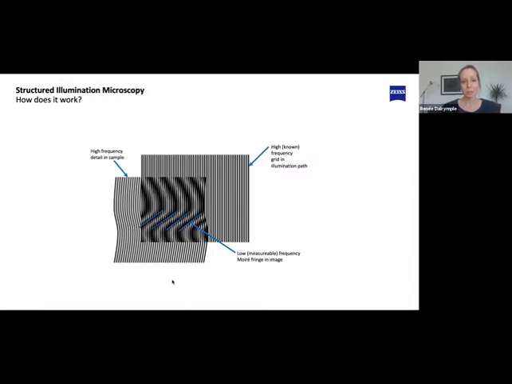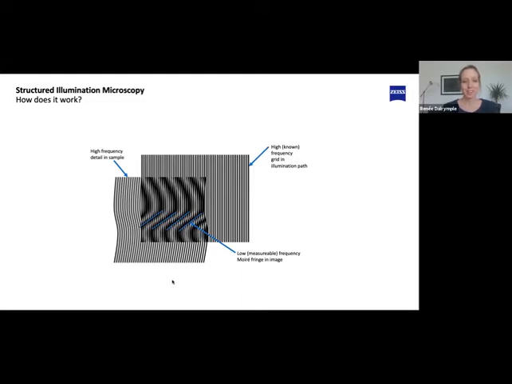So if we can resolve the spacing of the moire fringes, and we know the spacing of the patterned illumination that we put onto the sample, it's a known frequency, we can essentially use that information to solve a very simple linear algebra problem to extract the high frequency or high resolution information from the sample and see how far apart in this example those microtubules were.